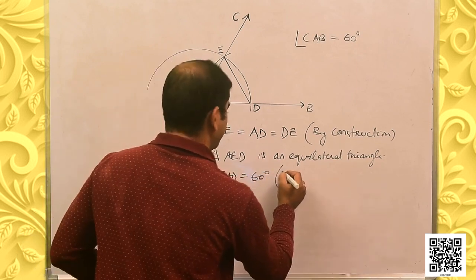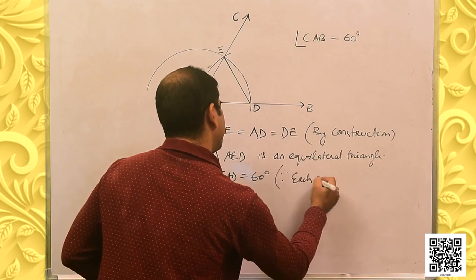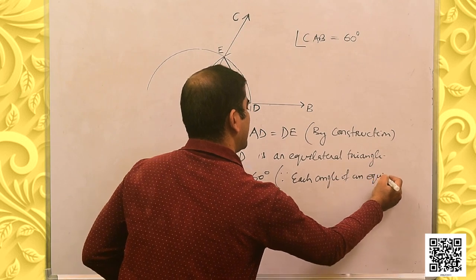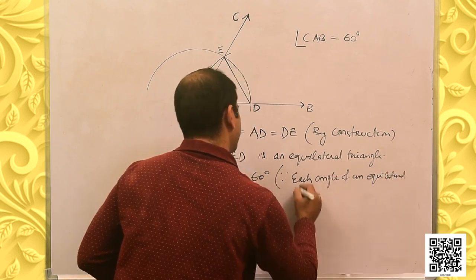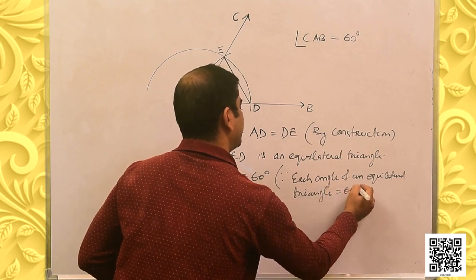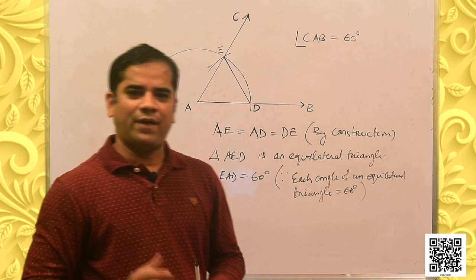Why? Because each angle of an equilateral triangle is equal to 60 degrees. Fine.